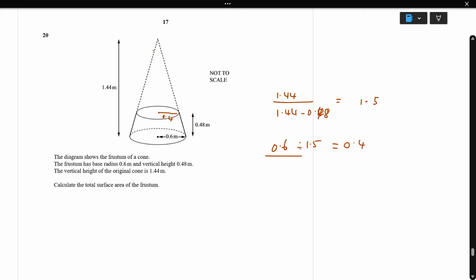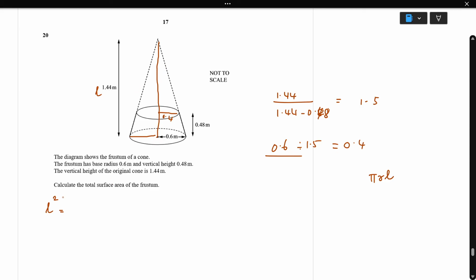Now first I'll find the slant length, because the curved surface area is going to be pi r L. So I'm going to find L of the longer one, the big cone. Here we have a right angle triangle.